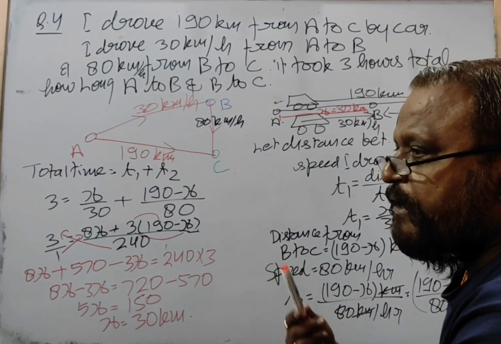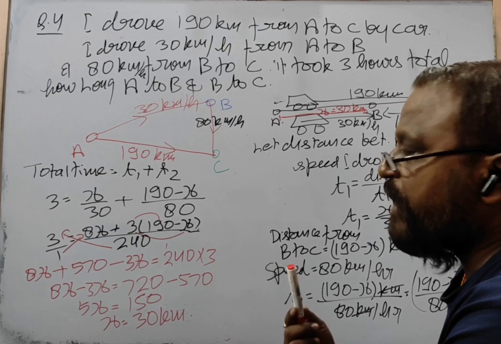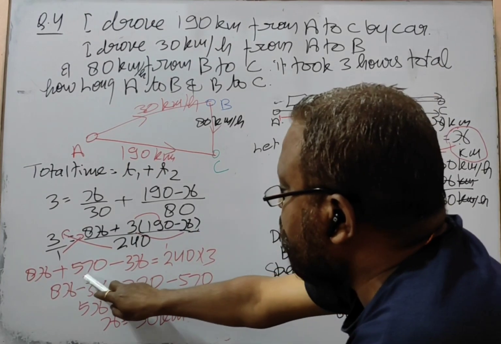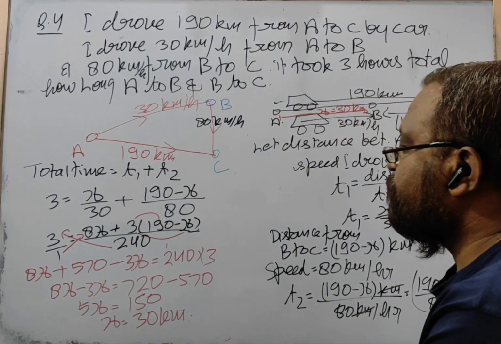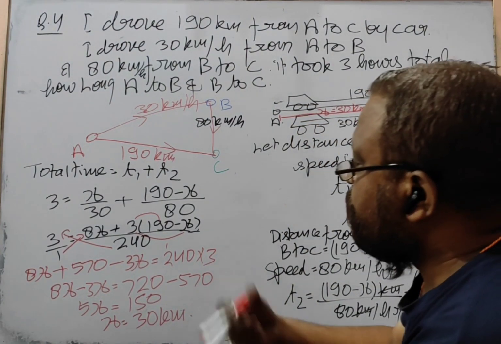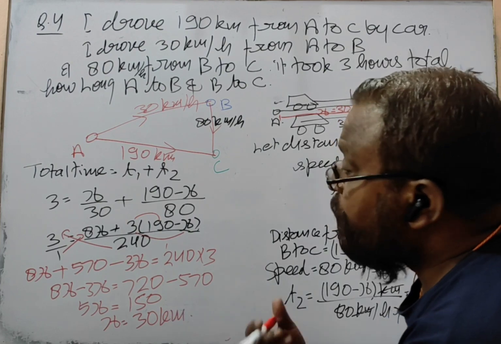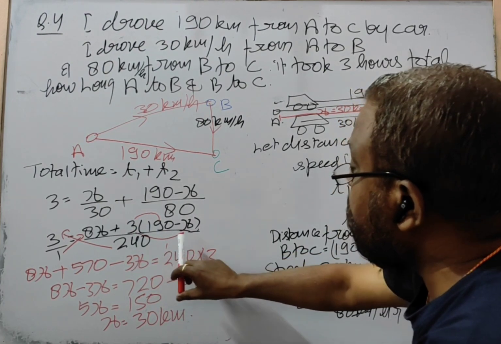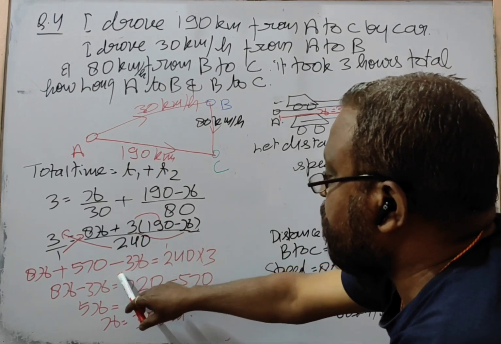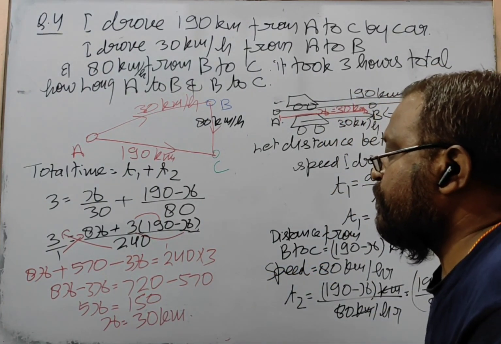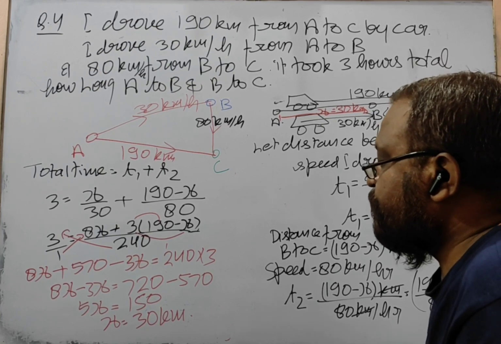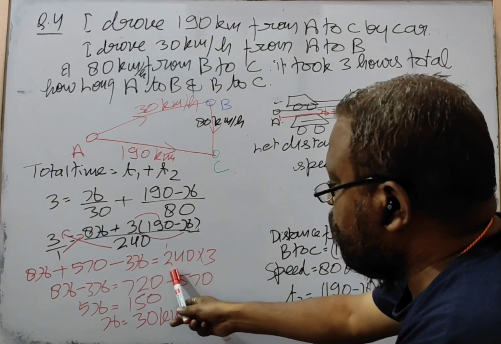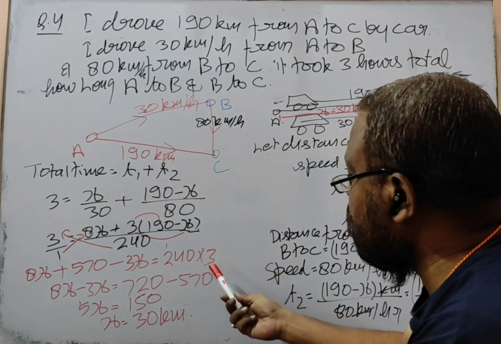So 3 times 19 is 57, and 0 is there, so it is 570. Now this 3 is multiplied by minus x, so it becomes minus 3x, is equal to 240 into 3.